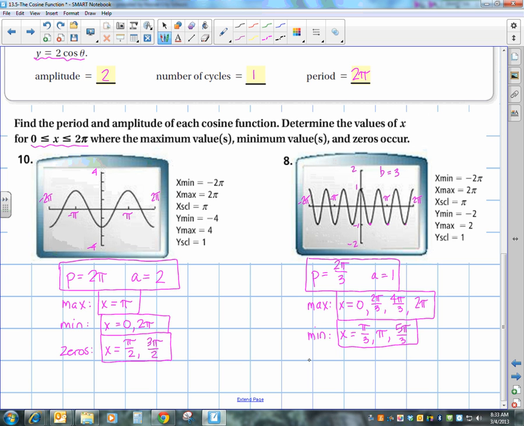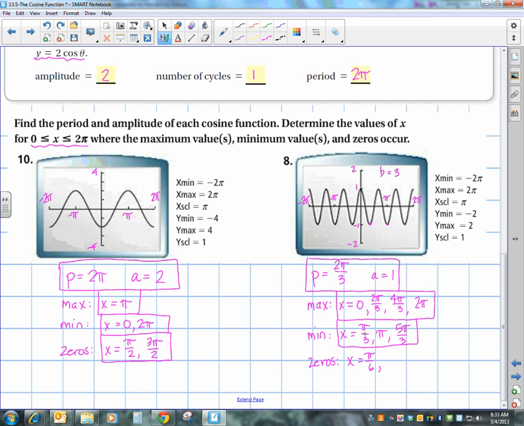Now let's look at our zeros. We have quite a few of those. All right, the first one is going to be between our max and our min, halfway between. So halfway between 0 and pi over 3 is pi over 6. Then I have to go halfway between the next two.